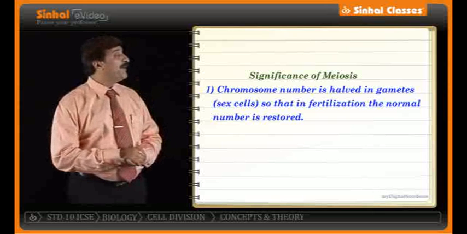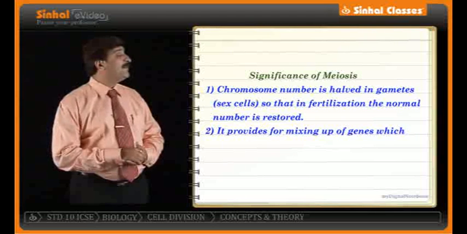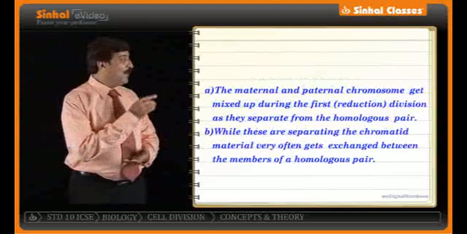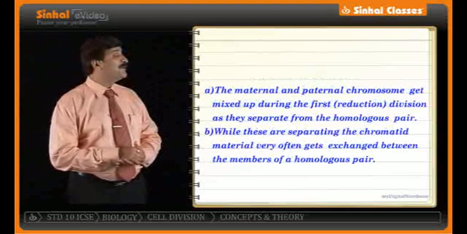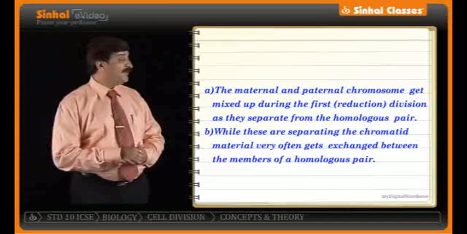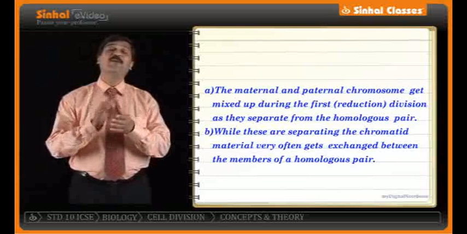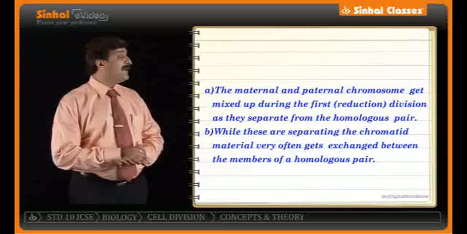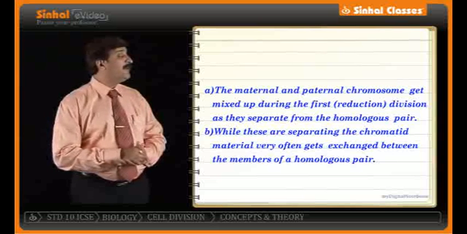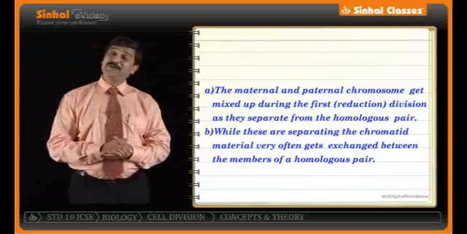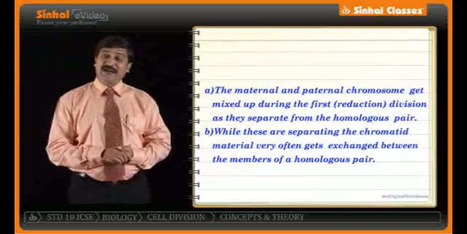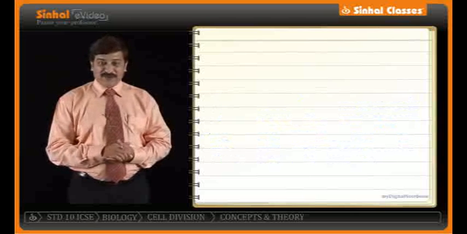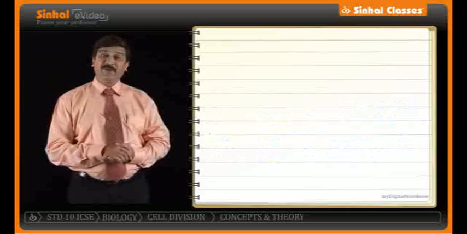Point number 2 is that it provides for mixing up of genes, which occurs in 2 ways. 1. The maternal and the paternal chromosomes get mixed up during the first reduction division as they separate from the homologous pair. And second, while these are separating, the chromatid material very often gets exchanged between the members of the homologous pair, which we studied under chiasmata formation. So here, a variation can be seen. These were the significances of meiosis.